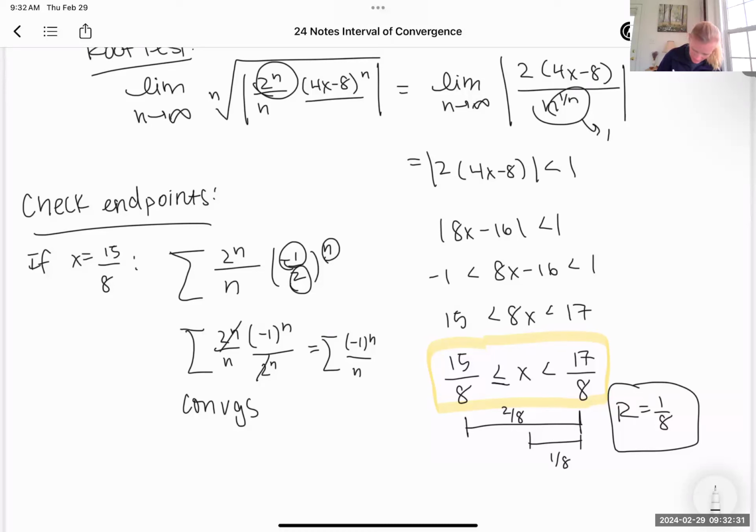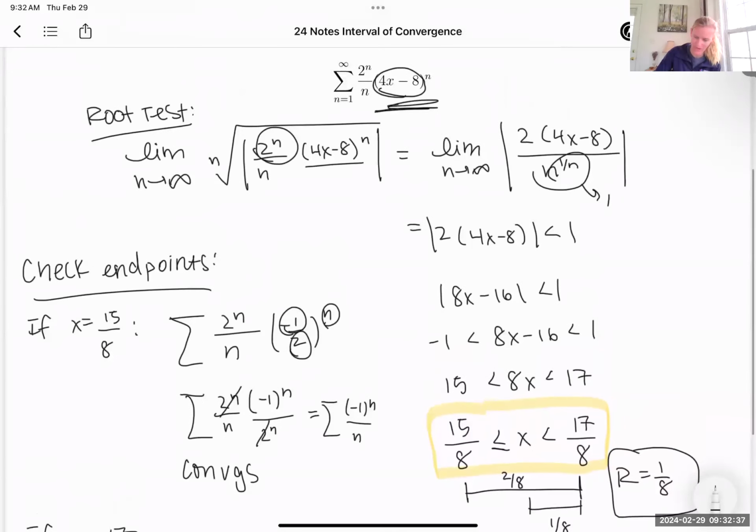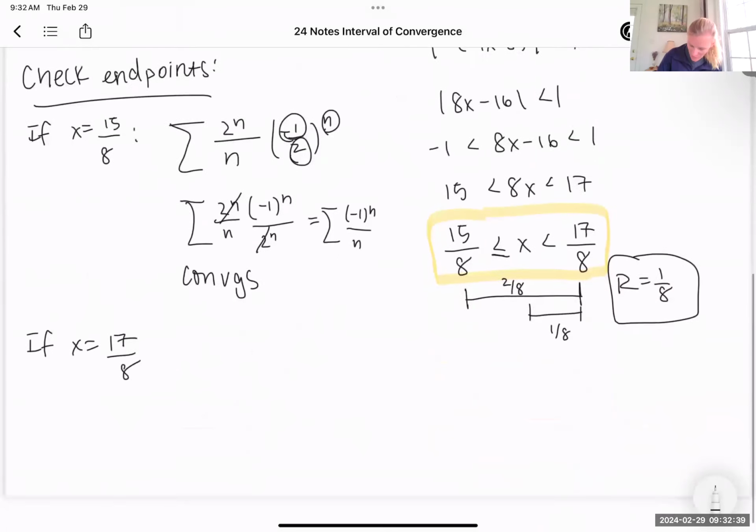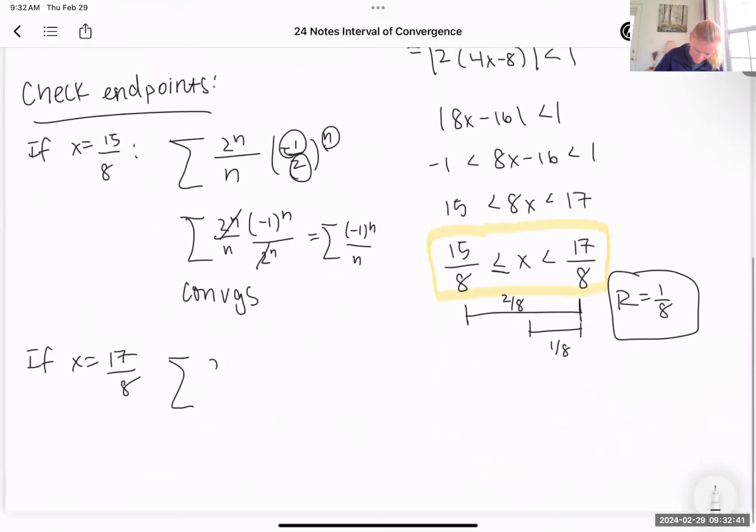And now we need to plug in 17/8. When I plug 17/8 into that 4x minus 8, I'm going to get 1/2 out. So my sum is going to be 2 to the n over n times 1/2 to the n. 1/2 to the n will give me 1 over 2 to the n. So the 2 to the n's cancel out.